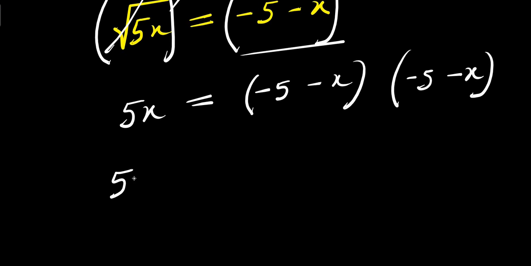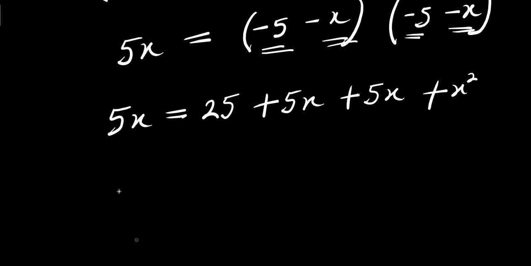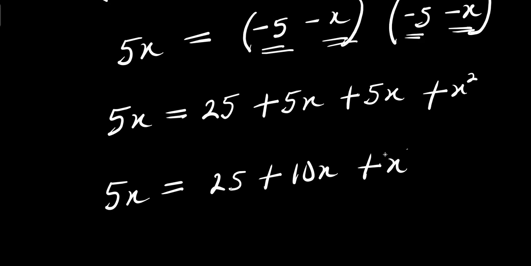So from here we have 5x equals negative 5 times negative 5, we have 25, negative 5 times minus x, we have 5x, negative x times negative 5, we have 5x, negative x times negative x, we have x squared. From here, we have 5x equals 25 plus 10x plus x squared.